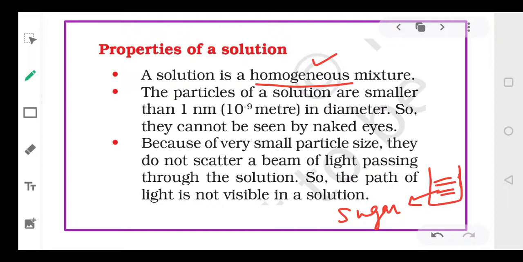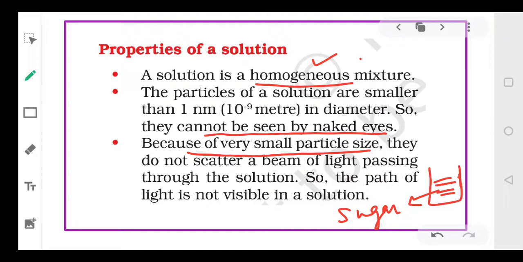Now can you see the sugar particles? No, right? We cannot see the particles, because the particles are very, very small. So solution is a homogeneous mixture. Second, the particles cannot be seen with naked eyes.